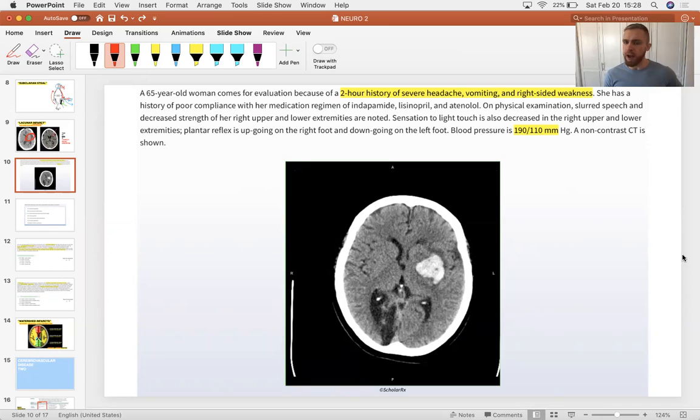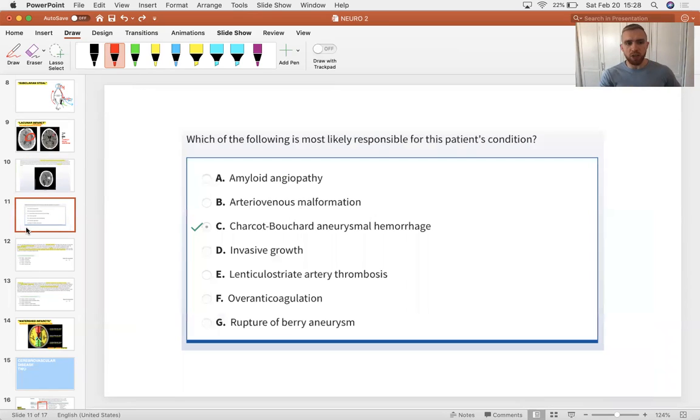Blood pressure is 190/110. You order a non-contrast CT like you always do, and you see a stroke in the basal ganglia. So then what's the question? What's most likely responsible for this patient's condition? Here's what I want you to take away. Notice how Charcot-Bouchard hemorrhage and lenticulostriate artery thrombosis, they're both answer choices.